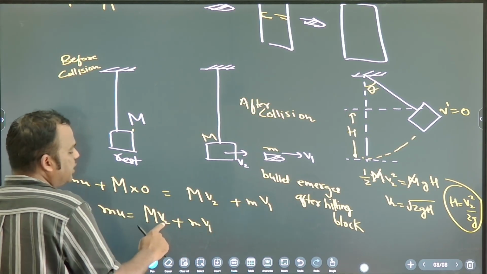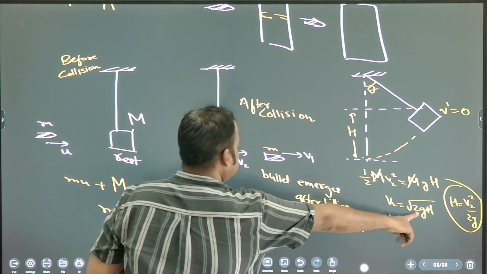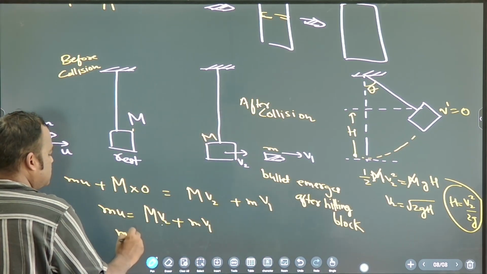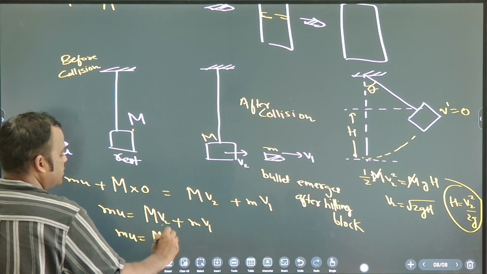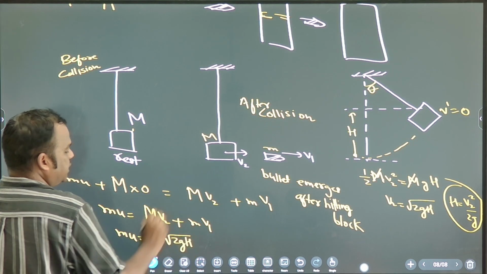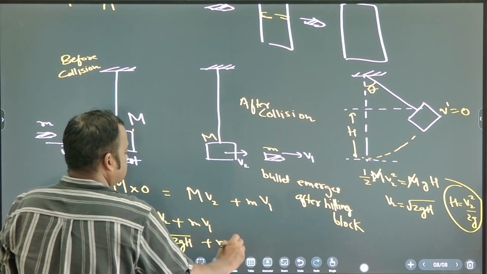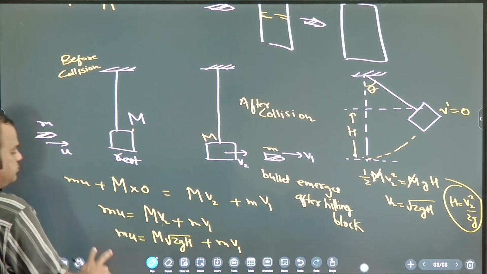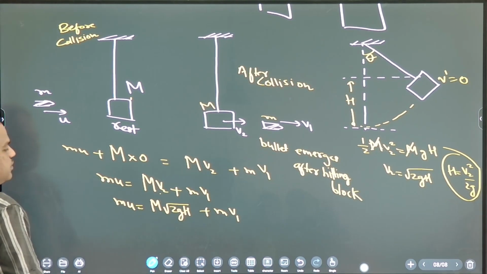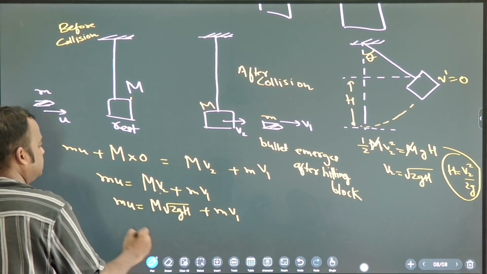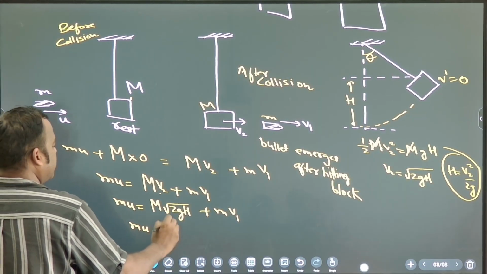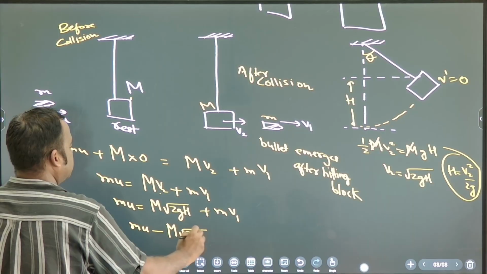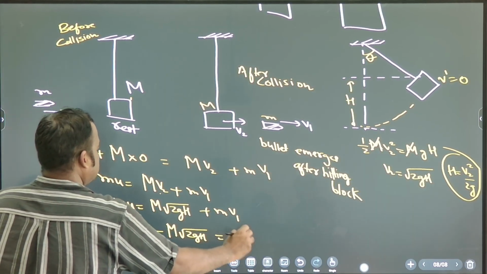Then with this v2, mu plus M into 0 is equal to Mv2 plus mv1. So v2 value you can put from here. So mu is equal to capital M root 2gh plus small m v1. Then you can calculate v1. So mu minus capital M root 2gh is equal to mv1.